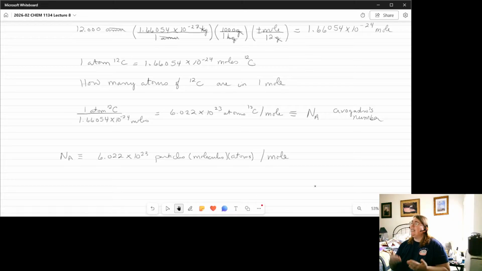So we're going to scale the amount of atoms up to a measurable amount and understand that when we measure something in the lab, we're never going to be looking at a single atom, a single molecule, a single anything. We're going to be looking at a bunch.